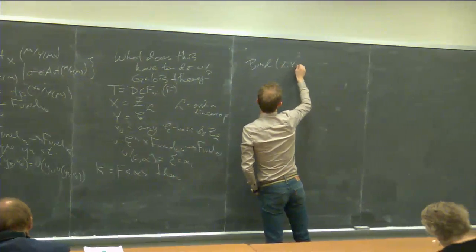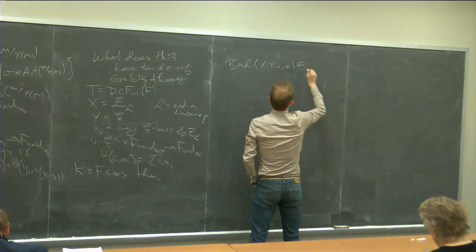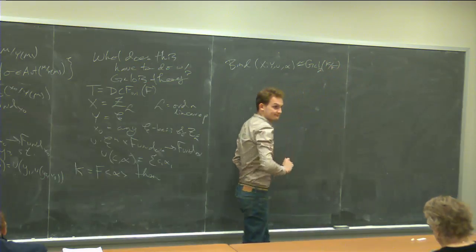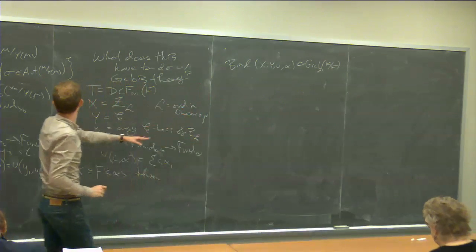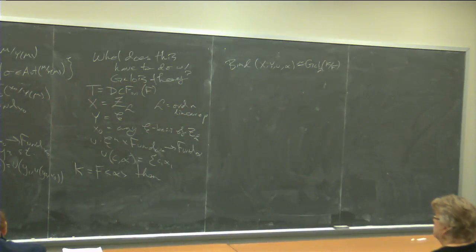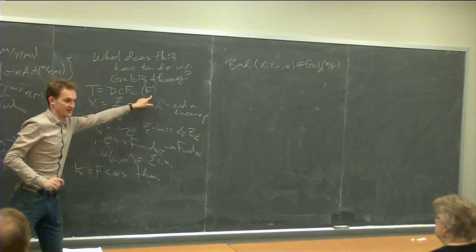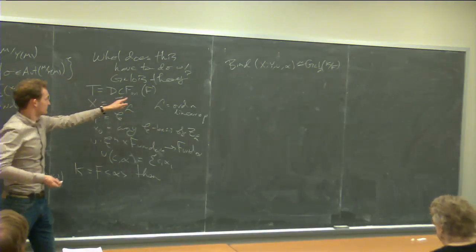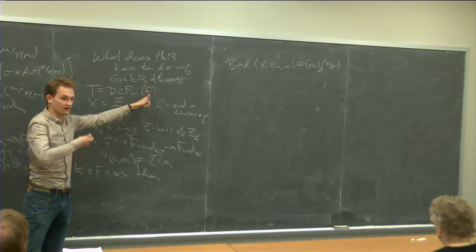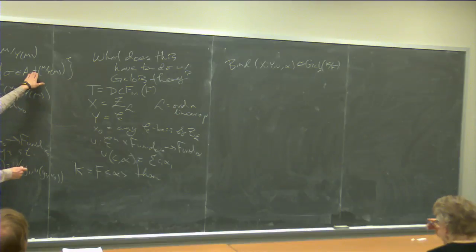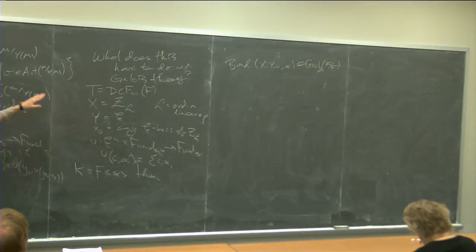Then Bind(X, Y, u, alpha) is just the differential Galois group of K over F. And the way we see that is, an automorphism of the differential closure fixing the constants together with all these parameters F. Well, since we assume that the constants of F are already algebraically closed, all we're asking is that the automorphism fixes F. And we're looking at automorphisms of the differential closure restricted to the zero set.